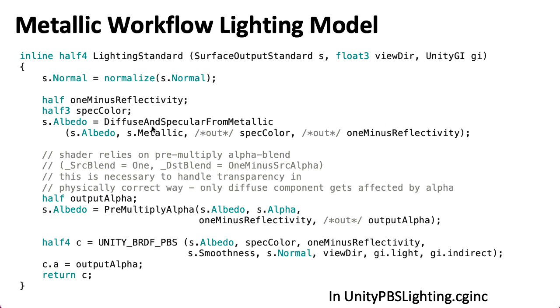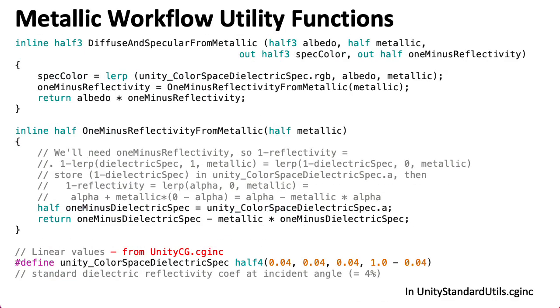So let's take a look at DiffuseAndSpecularFromMetallic. Remember that in the metallic workflow, the user doesn't specify the F0 for dielectrics. That's assumed to be some small value, in this case 0.04, and that's defined in unity_ColorSpaceDielectricSpec in UnityCG. In the alpha of that, they also have one minus that.